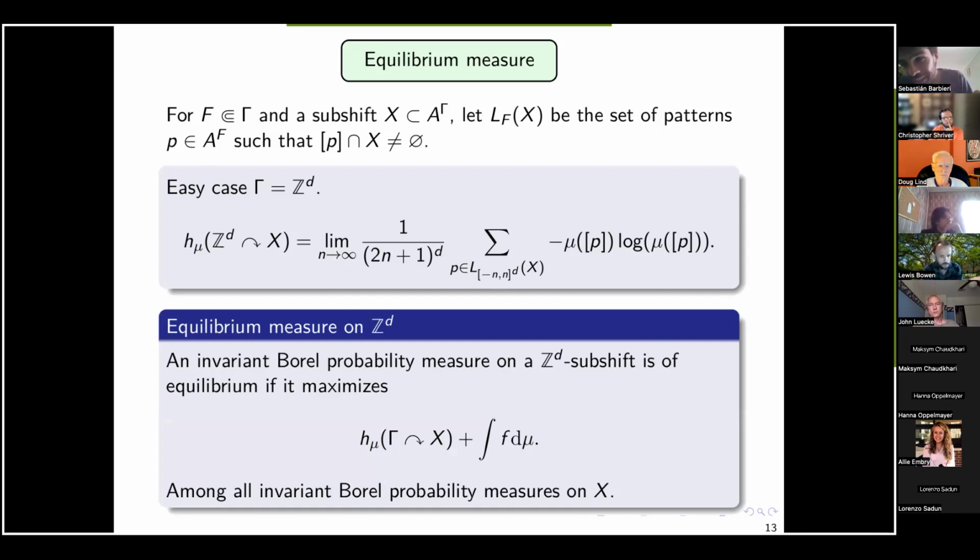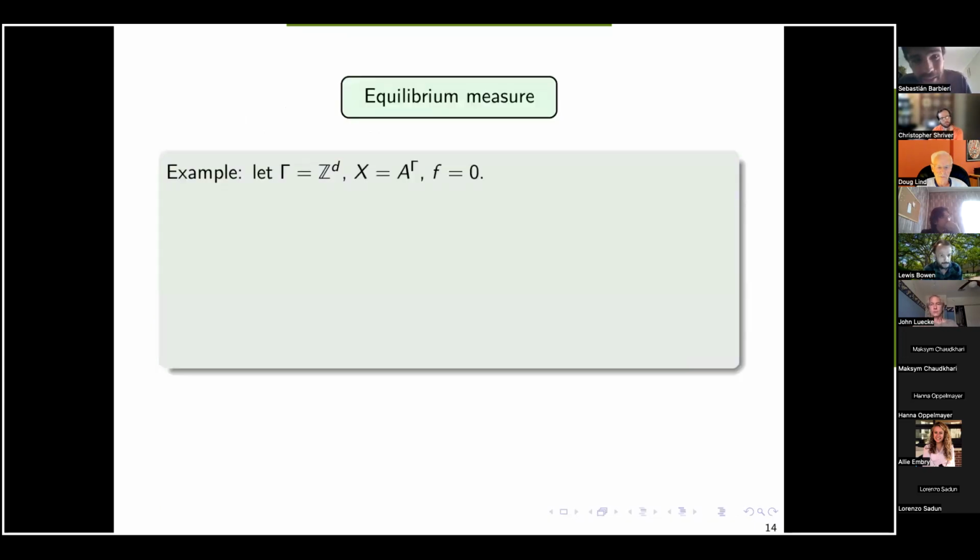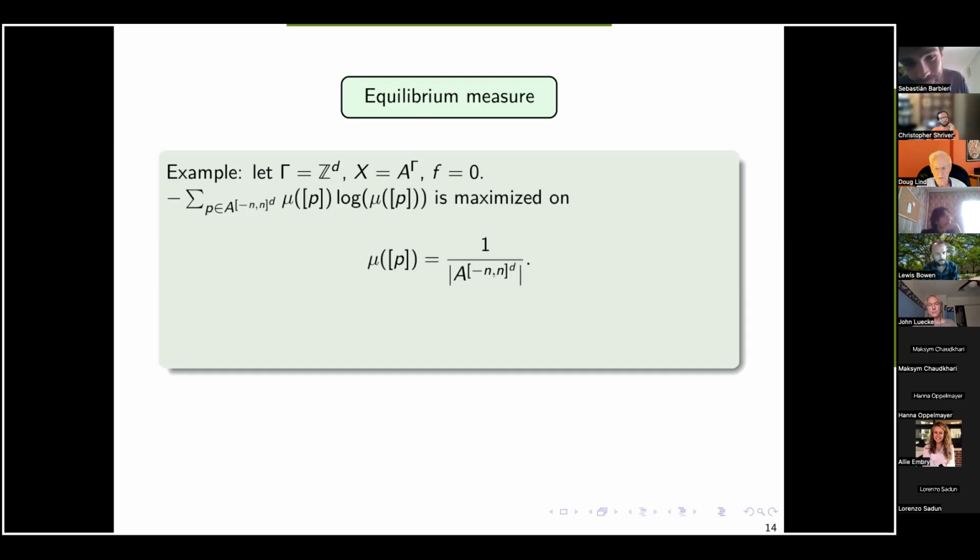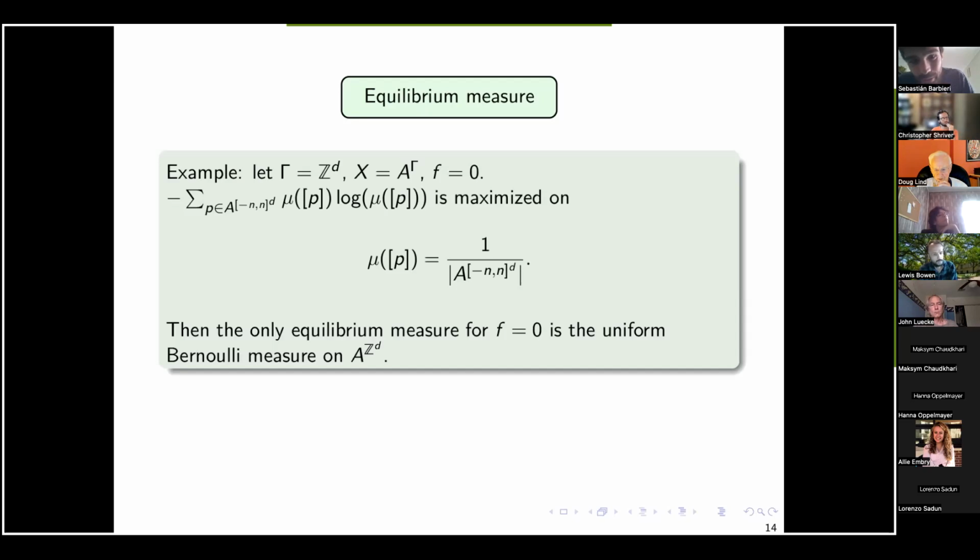It's very simple to define an equilibrium measure, but then again, I'm just on Z to the D. I wanted to state my theorem for sofic groups, so I need to go further. Just before that, let me give a very simple example. If I take Z to the D, the full shift, and the function 0, this expression is just maximized when I take mu to be the uniform measure. So the only equilibrium measure for the zero potential is the uniform Bernoulli measure.